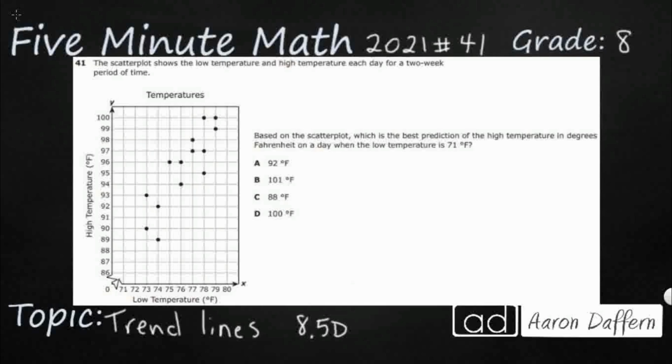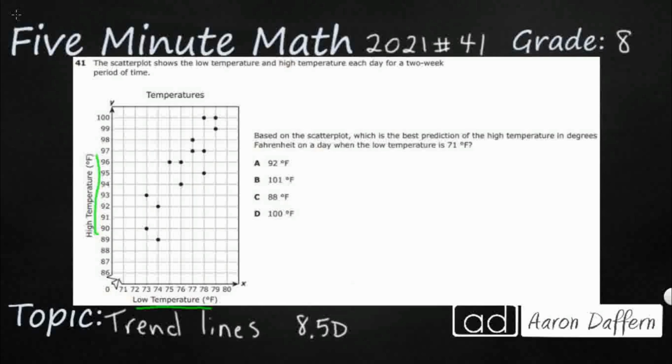So we've got a scatter plot showing the low and high temperatures for each day of a 2-week period. Based on the scatter plot, we need to find a prediction for the high temperature right here. That's our y-axis. If the low temperature is 71, so the low temperature is the Fahrenheit on the x-axis.